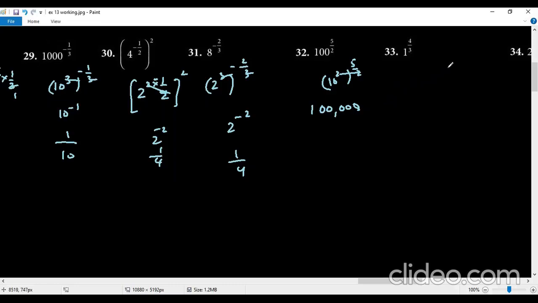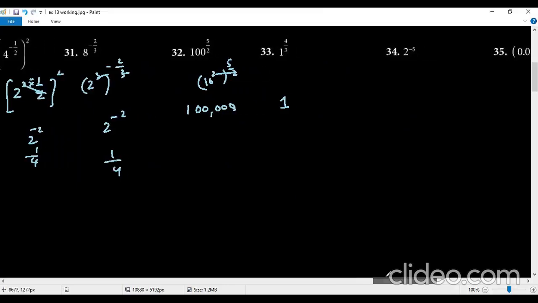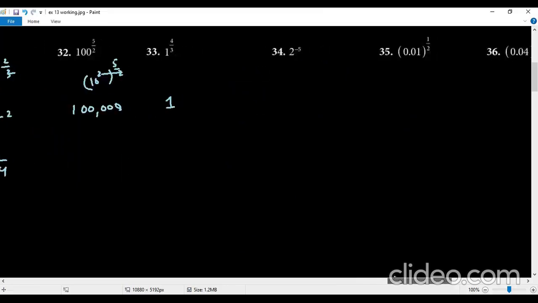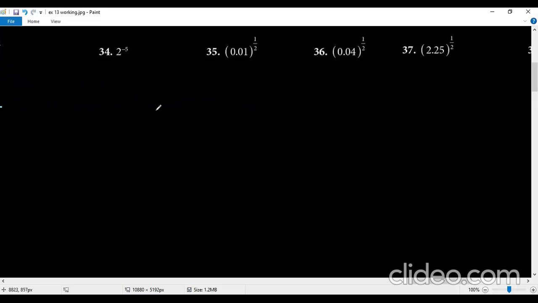1 to the power anything, the base is 1, so it is equal to 1 no matter what fraction you put in the indices, it's going to give you a 1. Next is 1 over 32, 0.01 times the power of 1 over 2.